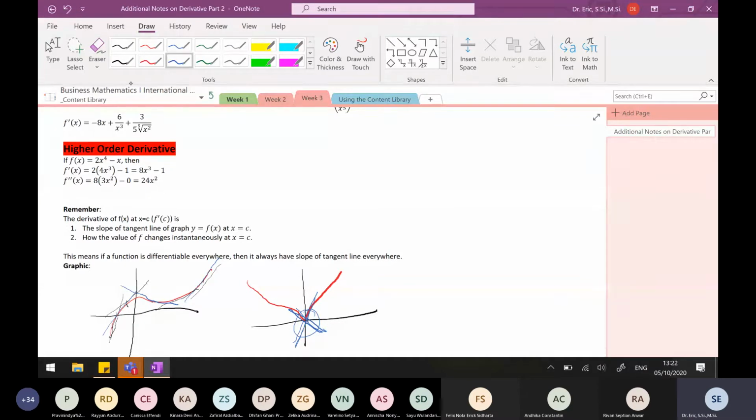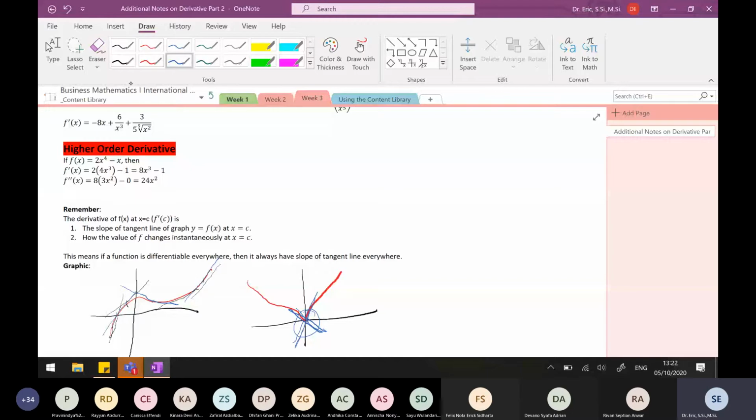And all curves that have a tip point here, they don't have derivative. Why? Because at the point, where is the slope? This one or this one? It is not defined. So this one, it doesn't have derivative.